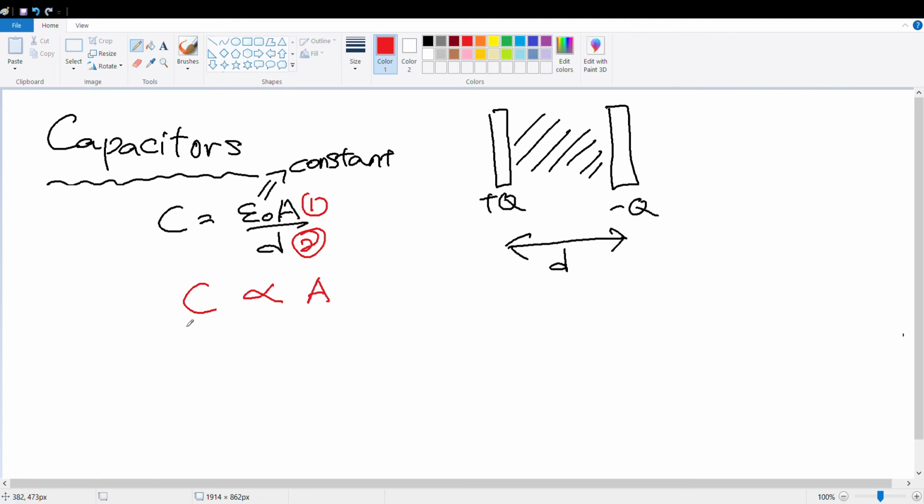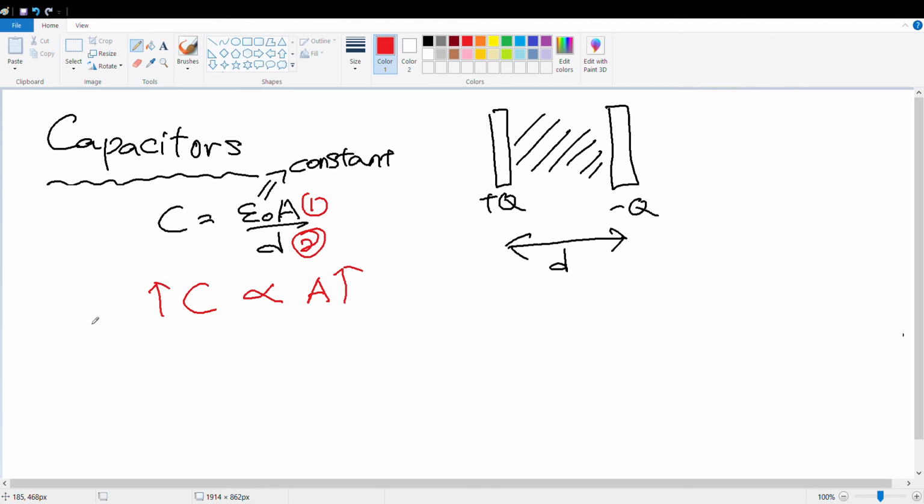So if the surface area gets bigger, so does the capacitance, which is the ability of the capacitor to store one coulomb of charge per unit voltage. So the higher the surface area of the charged plate, the higher the capacitance of the capacitor. So this is the first one.